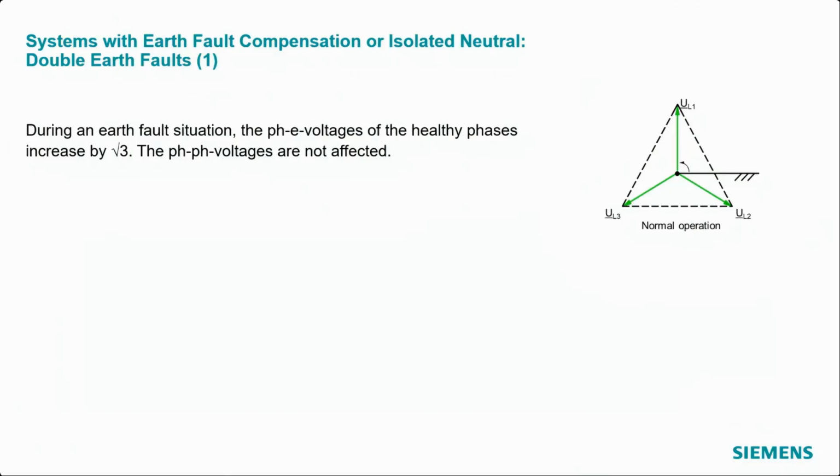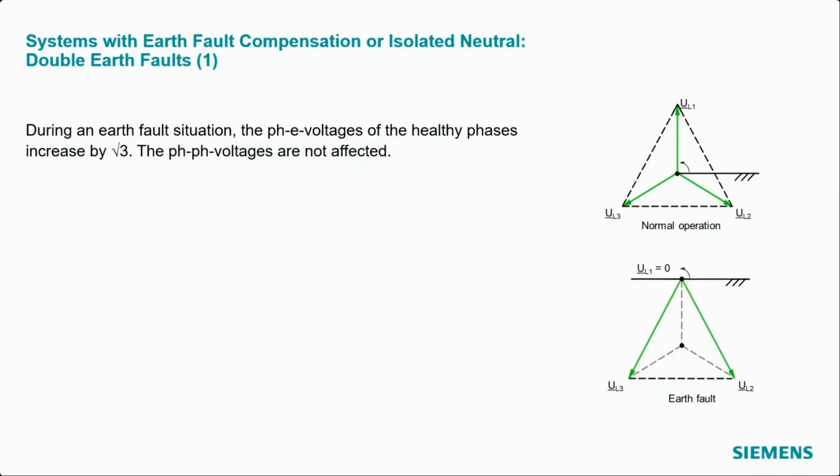If you now have an earth fault, a permanent earth fault, and you continue operation with a permanent earth fault, then the shape of this triangle remains the same because we have no big currents flowing, so no short circuit things happen. The only change is that one corner of this triangle is connected to Earth.